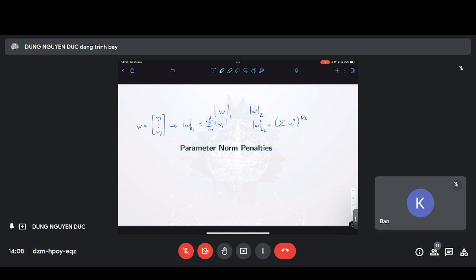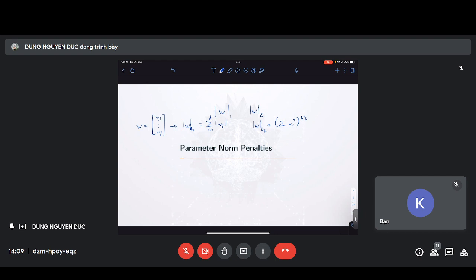Well, if that's not the case, and your weight is so large you cannot control it, then the output will be amplified from layer to layer, and that makes your final output so big that it explodes, and that's no good, right? If your output explodes, then you actually have no control over the error, and that makes a lot of problems in the training.